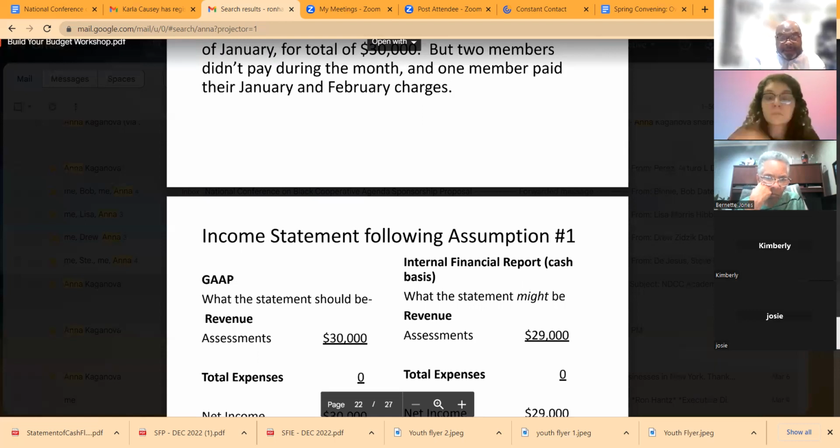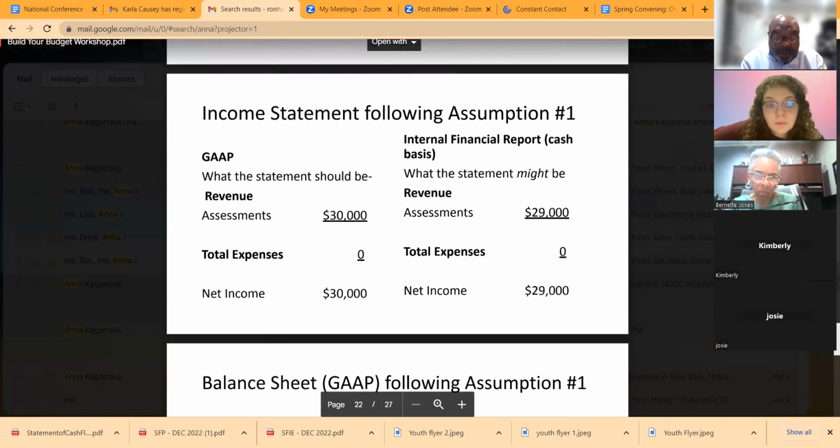But remember, GAAP is recorded as it comes in, so $30,000 is the assessment. Total expenses is 0, net income is $30,000. On the cash side, we have $29,000. Why is it $29,000? Because 2 people didn't pay, and they only collected $29,000.